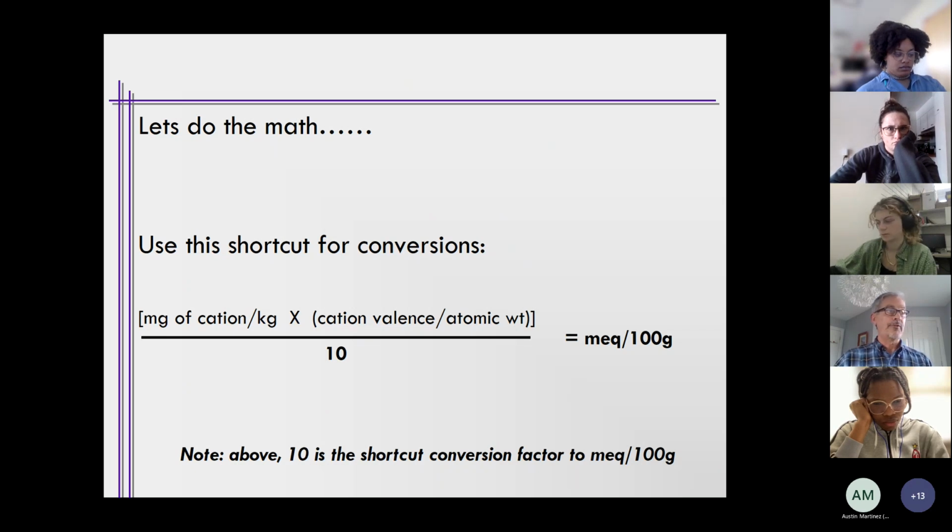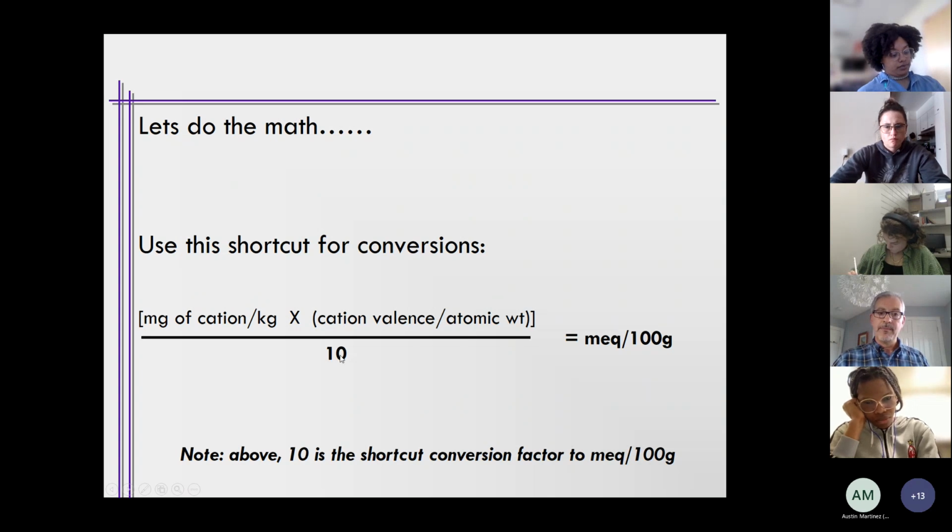The shortcut is this. You take the milligrams of any cation per kilogram, that was the left-hand side of that document from the testing lab, and you multiply that value by the cation valence, the charge, divided by the atomic weight. And then you take that whole number and divide it by 10. And that's going to give you milliequivalents per 100 grams.